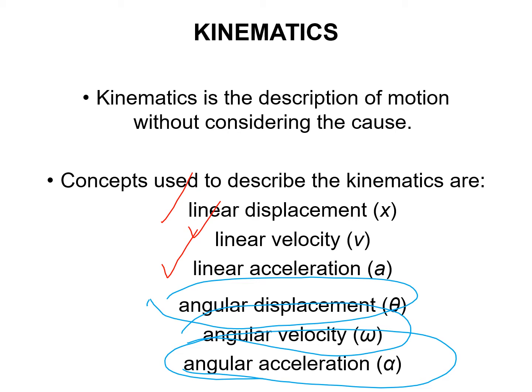All we're really doing is changing units. They're not any more complicated or strange than their linear components. When we look at linear displacement, we're using meters. When we look at angular displacement, we're using degrees or radians.